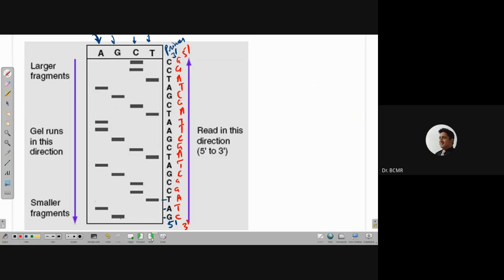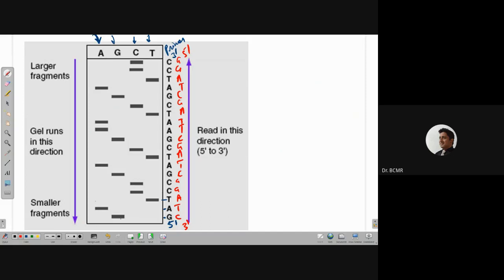Sanger's method is preferred over the Maxam-Gilbert method for one particular reason. It is nice, it's easy to handle, and you can sequence more bases per reaction. If you're running the Maxam-Gilbert method, you might know about 50 or 60 bases in one go, whereas if you're doing Sanger's method, you can probably get 200, 300 bases.